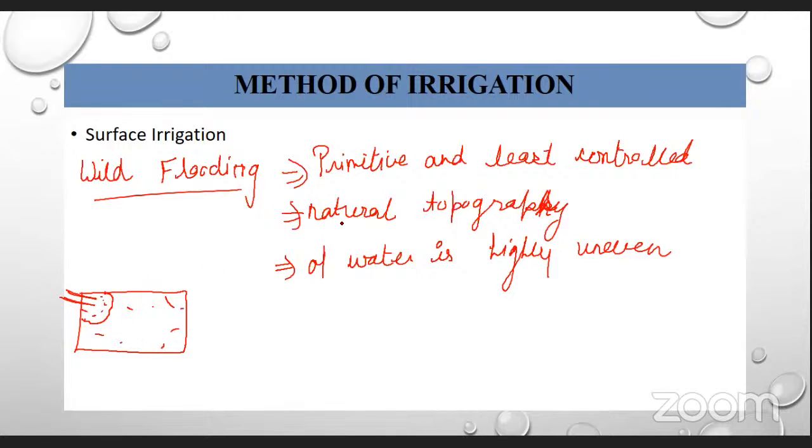Or according to the topography, on the side where there is a slope, that side is going to be waterlogged. So the area becomes waterlogged while other parts remain dry, leading to an uneven pattern of crop growth.